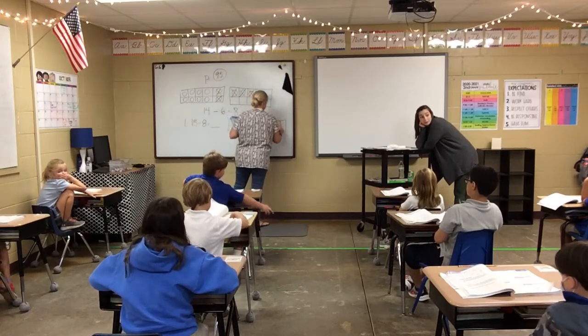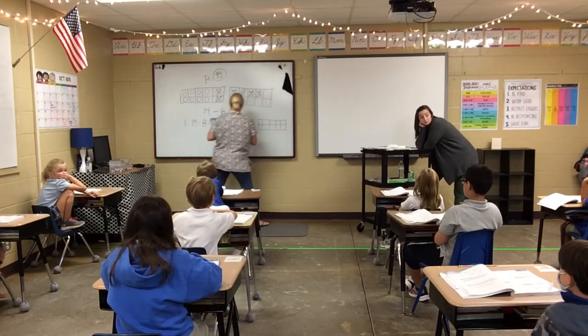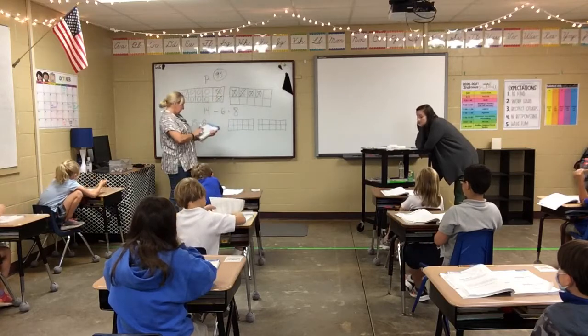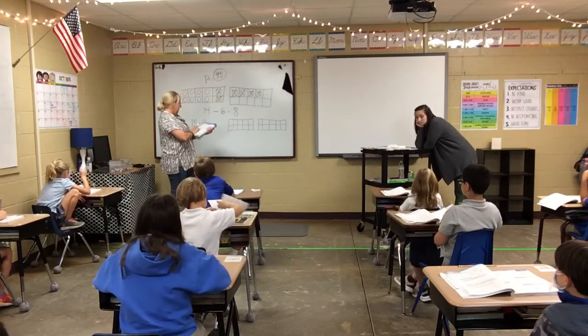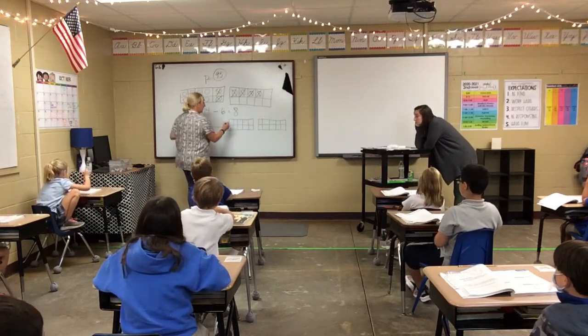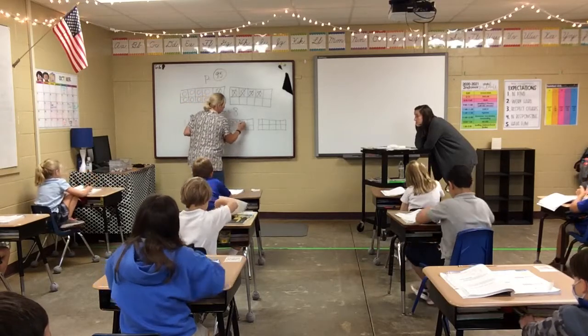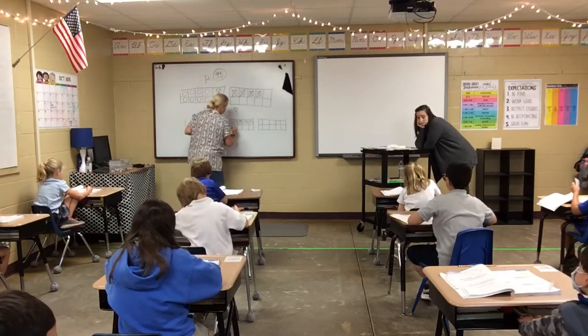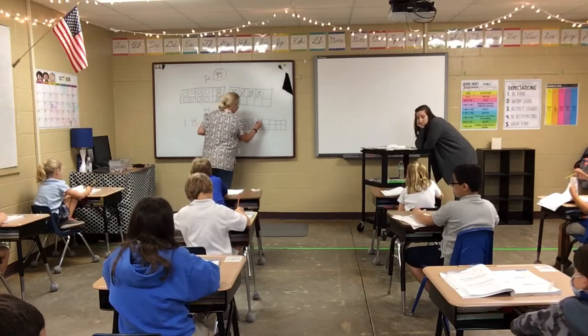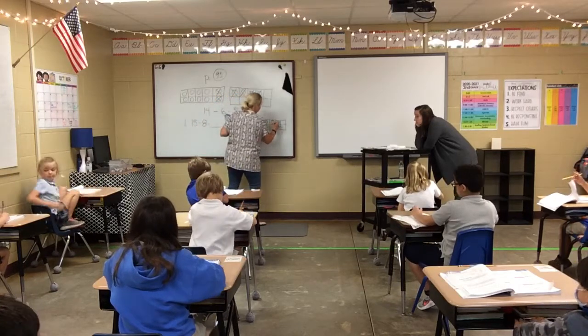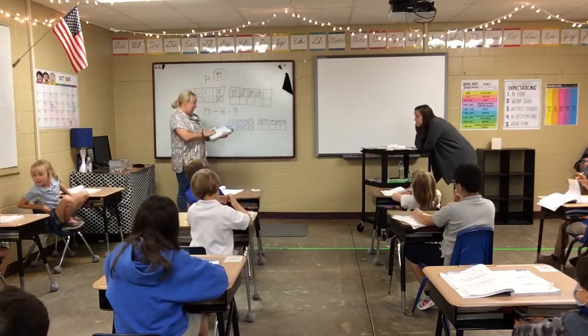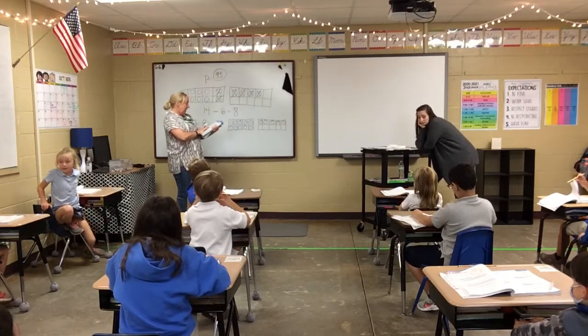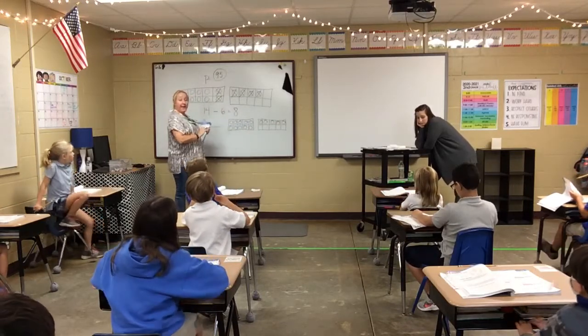You need to be on the right page. Okay. So we have our 10 frames here. And it says 15 minus 8. So we're going to color in 15 circles. Okay. So we've got 15 circles. And now we're going to take away 8 of them.